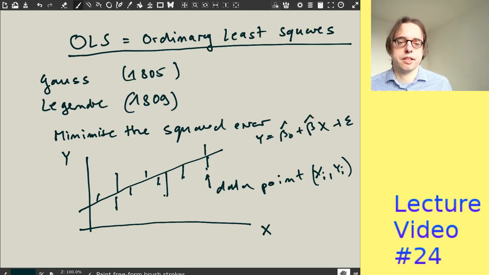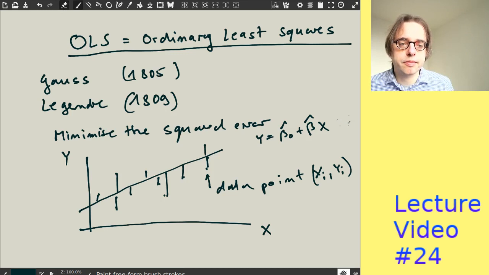So we have beta naught hat plus beta hat times x plus epsilon, and let's just for a moment remove the epsilon here so that it's correct.